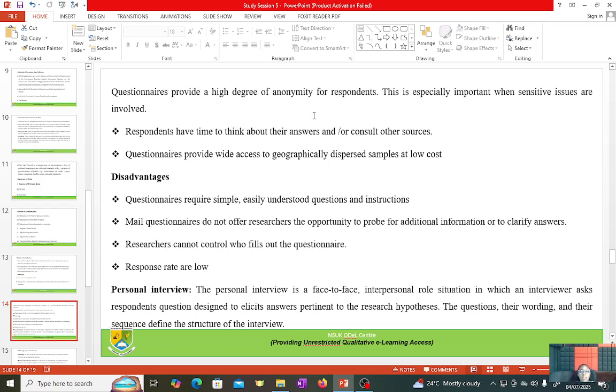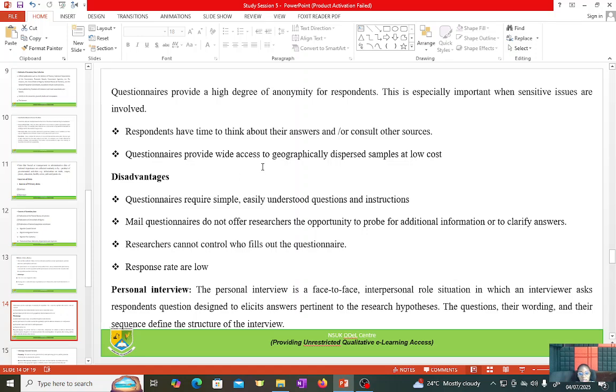Questionnaires provide a high degree of anonymity for respondents. This is especially important when sensitive issues are involved. Respondents have time to think about their answers and consult other sources when they are not very sure.